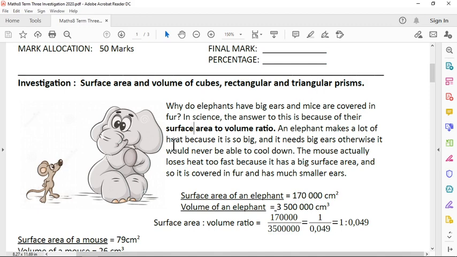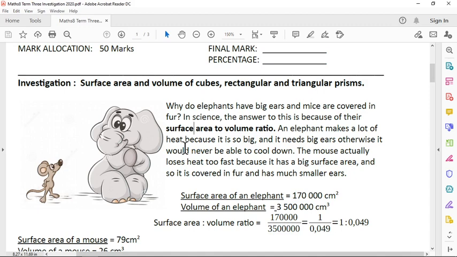But on the other hand, a mouse is teeny tiny and a mouse is covered in fur, and that's because the mouse has actually got not so much volume inside, but it's got a lot of skin compared to its volume. So it's got a big surface area and a small volume. So mice lose heat really, really fast.